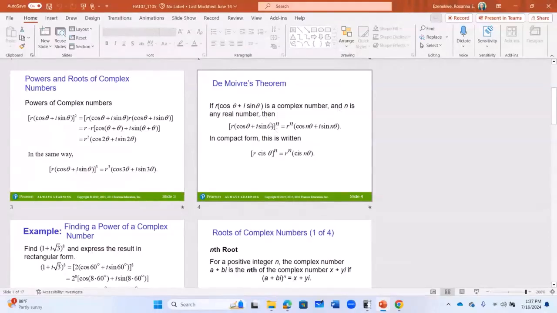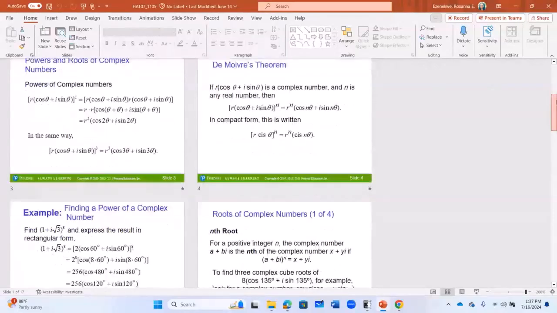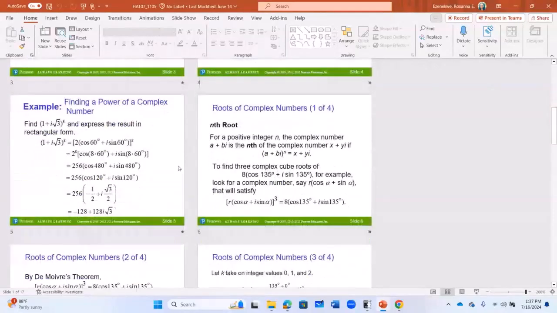Okay, the Moivre's theorem, the same thing is about complex numbers, and n is any real number. So the Moivre's theorem is that if you are told to expand any number raised to power n in compact form, you can write it as R cis theta to power n, but you don't have to write compact form all the time. All right, so alternatively, you can use what we just did.